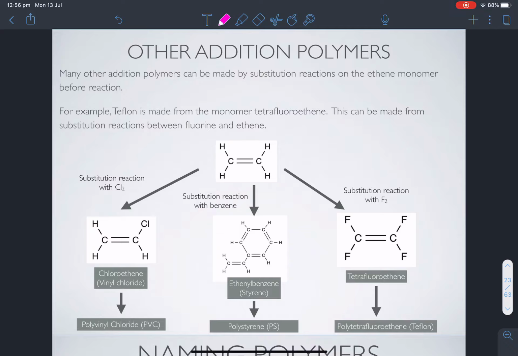And down the bottom underneath I've got a COOCH3. That's not going to be part of the reaction. And on the left hand side, I've just got two hydrogens coming off it. So I've just redrawn the monomer to really focus on what's part of the reaction and what's not.